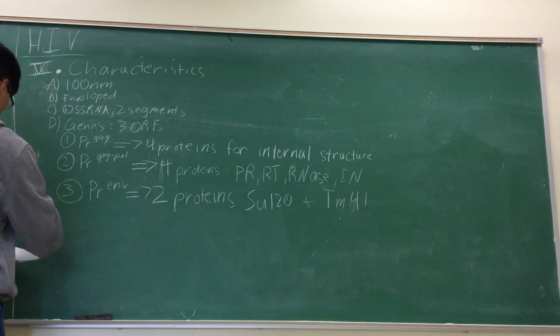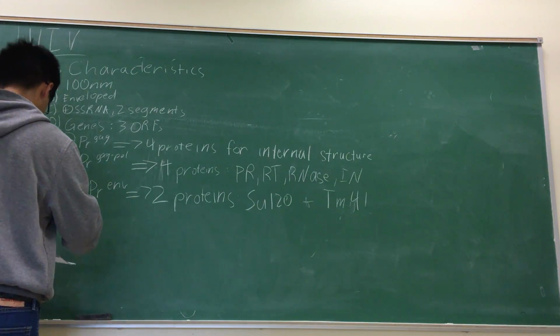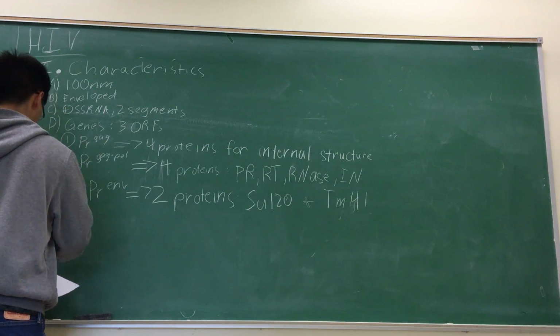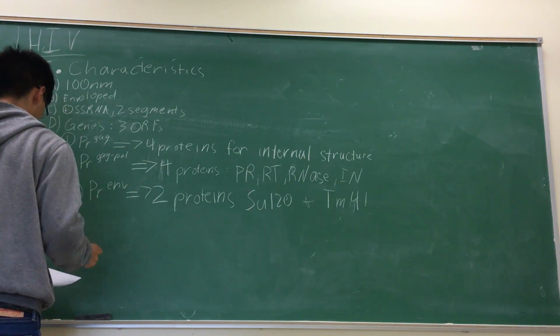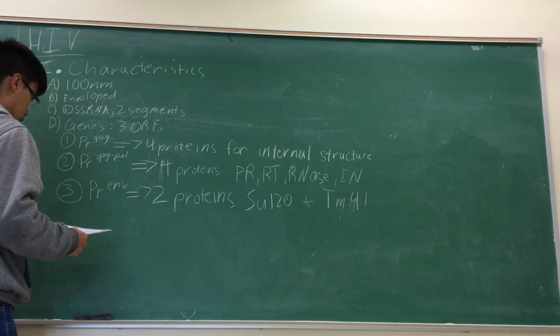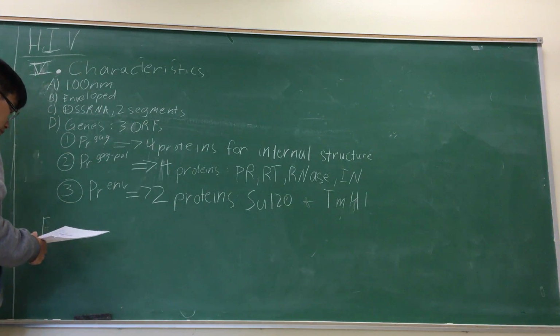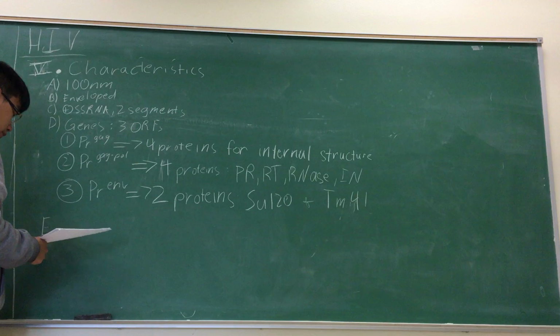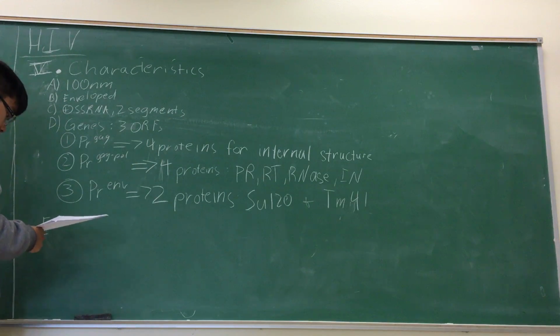And then you also have regulatory proteins. Now in the textbook it says 6 regulatory proteins. In the lecture, Dr. Samuel split that up into 2 regulatory proteins, TAT and REV, and 4 accessory proteins, NEF, VIF, VPU, and VPX.